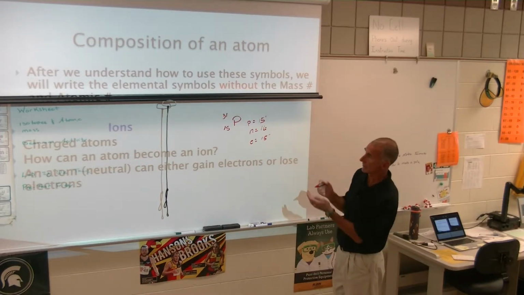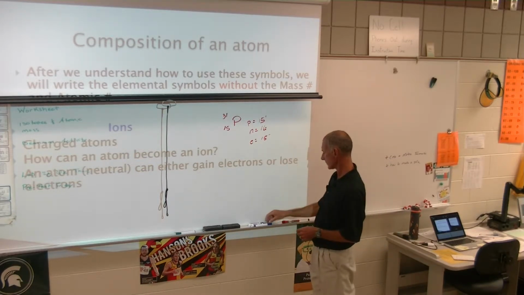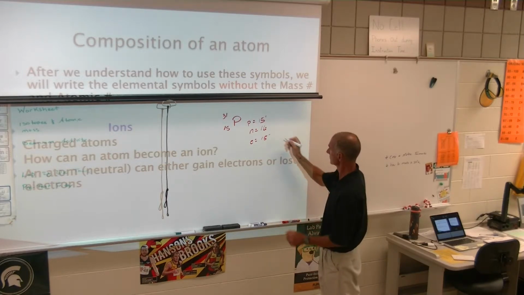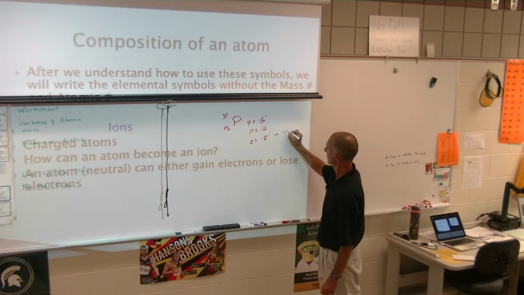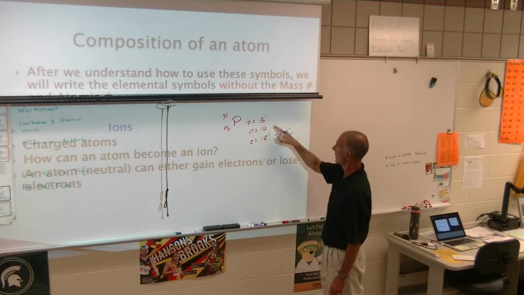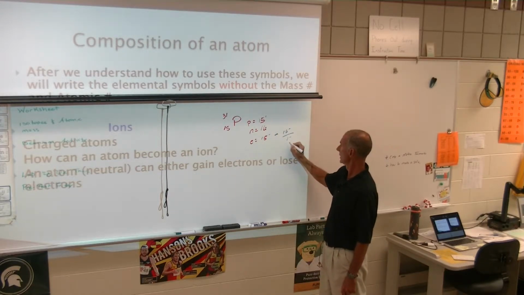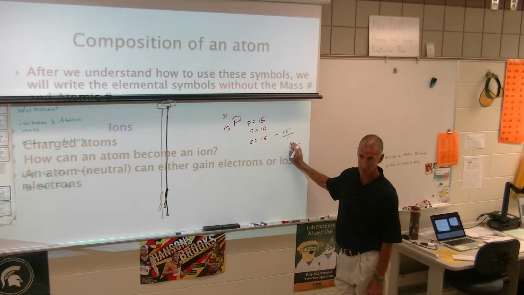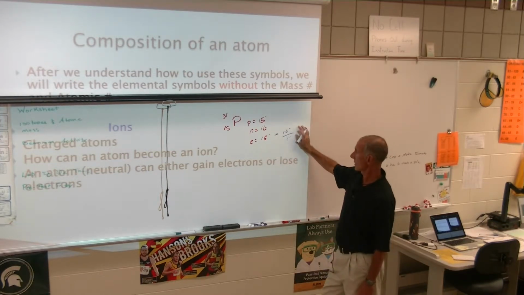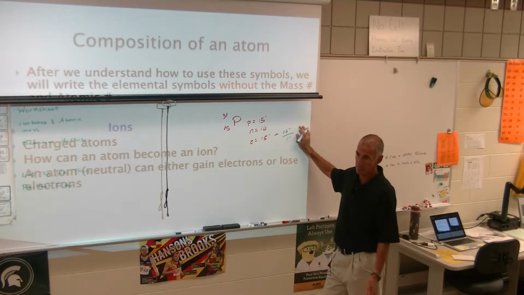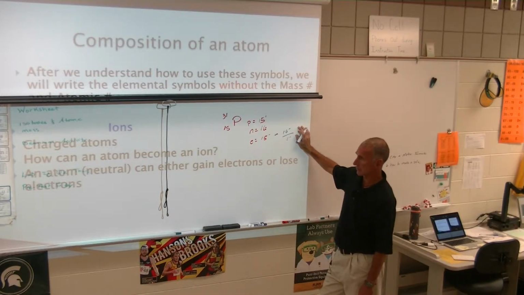Now, if phosphorus gains an electron through chemical reactions or whatever, what happens to my atom? It now becomes a 1 minus charge. So here we're gaining electrons. We could also lose electrons, and we'll talk about that a little bit later.